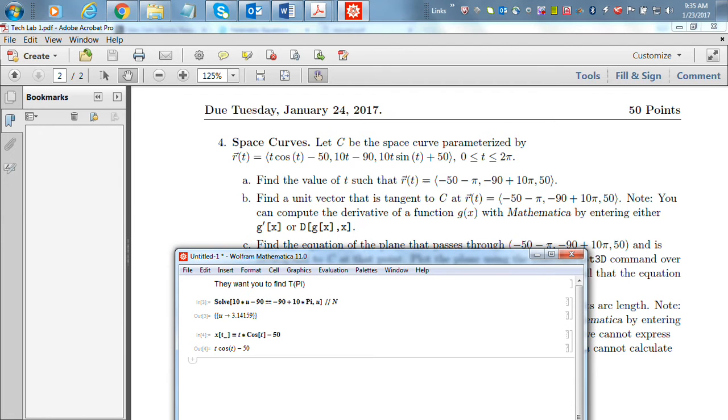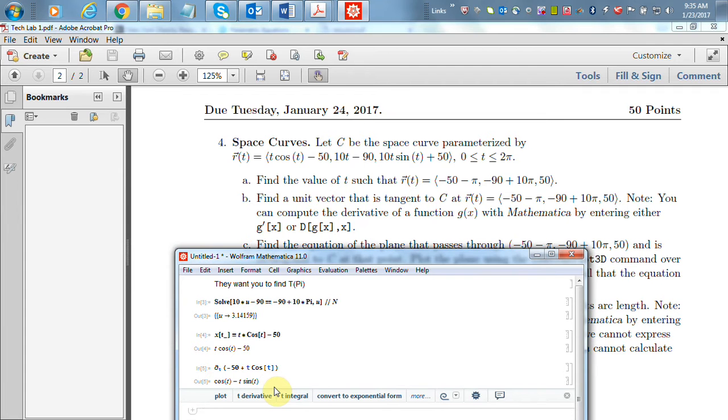And this is why I used u earlier, because I didn't want it to pollute. So now I have x of t, and then I go up and look, and it says t derivative. Let's just check what that is going to do. Oh, look, it found the derivative for me. So that's really what you want to do. You can probably just click on it and get the derivatives.